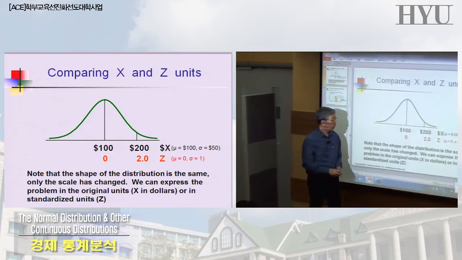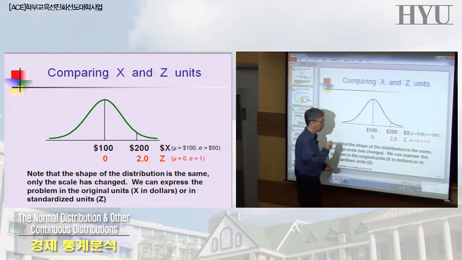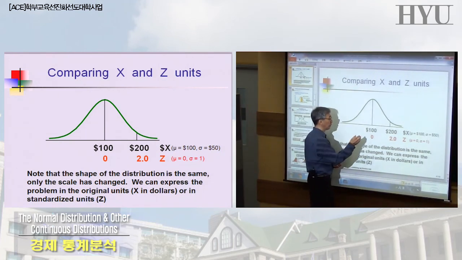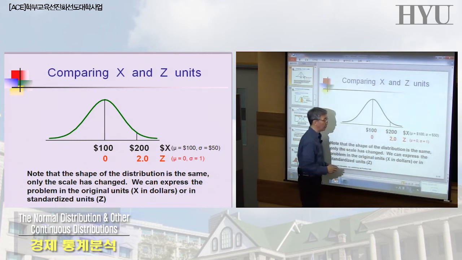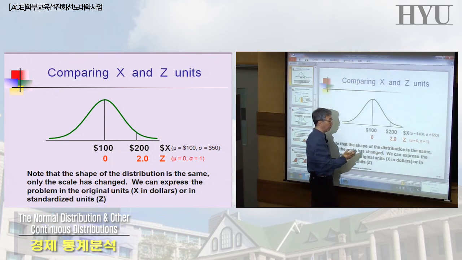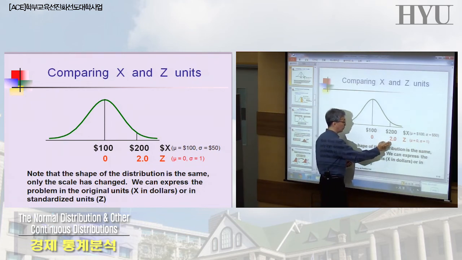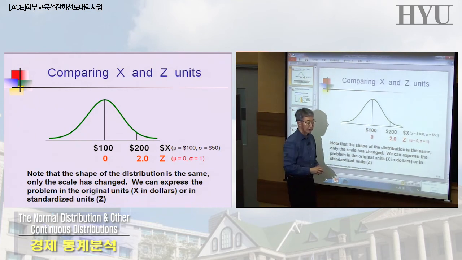If you want to find the area under the curve between 100 and 200, this area will be exactly the same size as the area between 0 and 2.0 under the standard normal distribution, the z distribution.